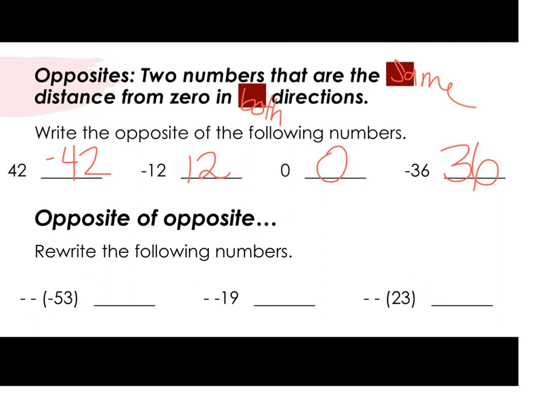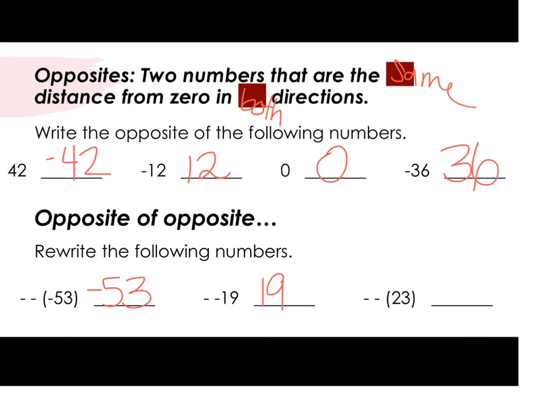So we have the opposite of the opposite of negative 53. Start with negative 53, the opposite of that is positive 53, and then the opposite of that gets you back to negative 53. Here we have the opposite of the opposite of 19. Start with 19, the opposite of that is negative 19, and the opposite of that gets you back to positive 19.